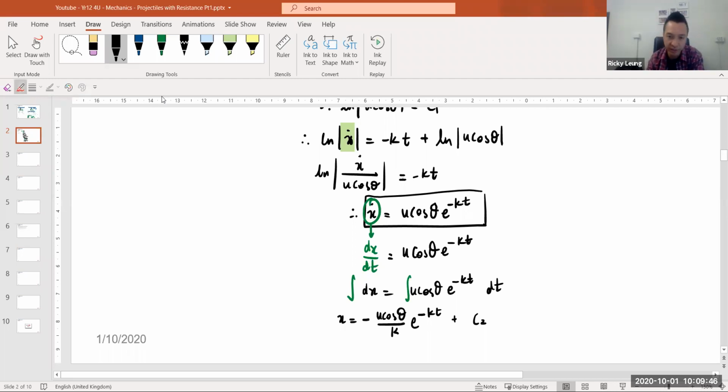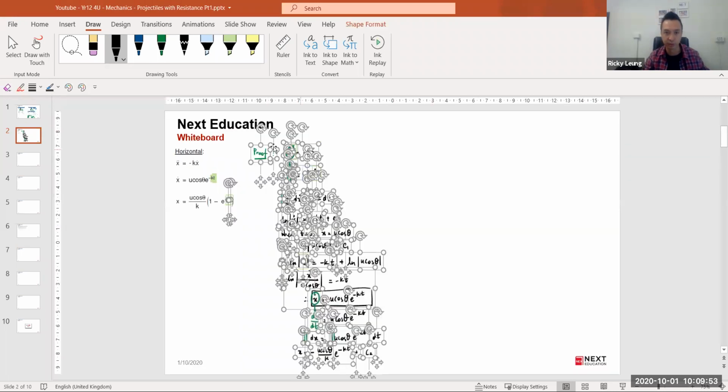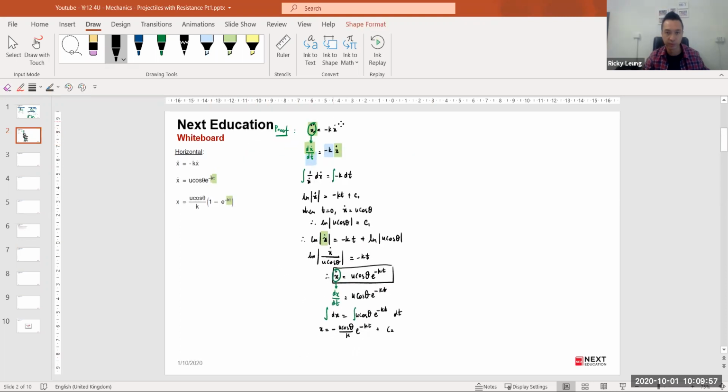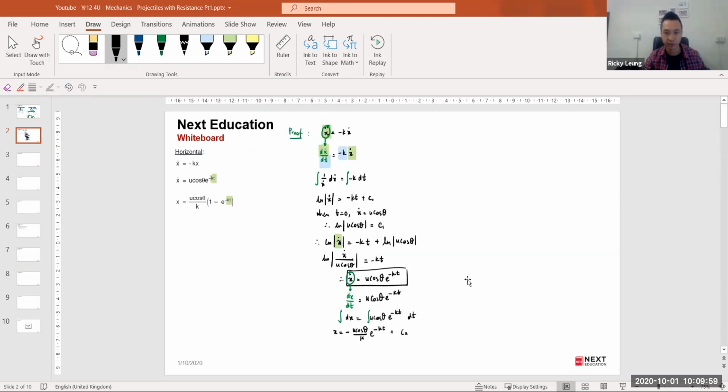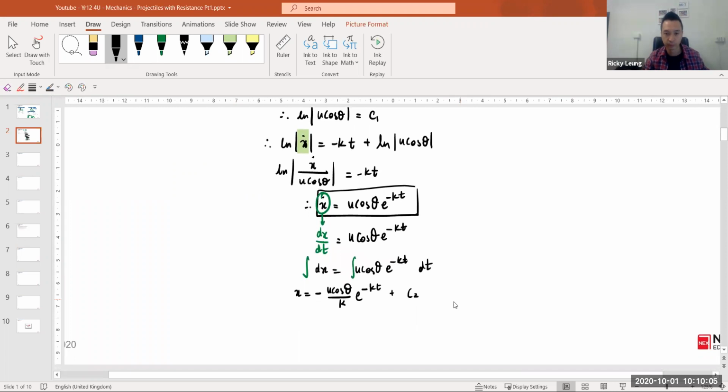So if you get that expression there, once again, we're going to use our initial condition. I do have vertical space, which I'm going to leverage, so I'm just going to move this up here, which gives me a bit of space. Okay, perfect.